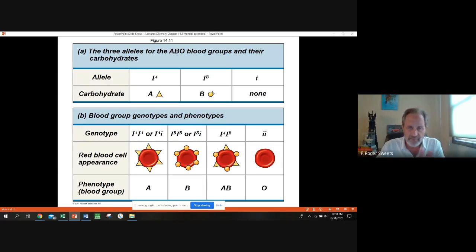And that's simplifying it a bit, but it works for this case. And the B, your B allele, produces a different shape of carbohydrate that's on the outside of those blood cells. So there's your A, and of course, if you were having both alleles A, then you would have that shape or that look to your red blood cells, and the B with those circles.